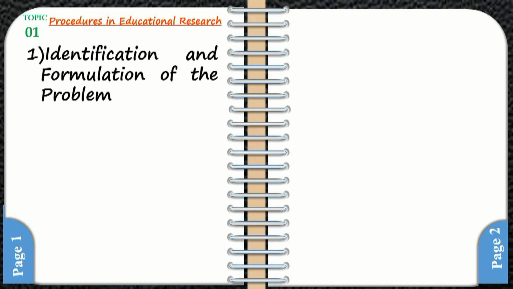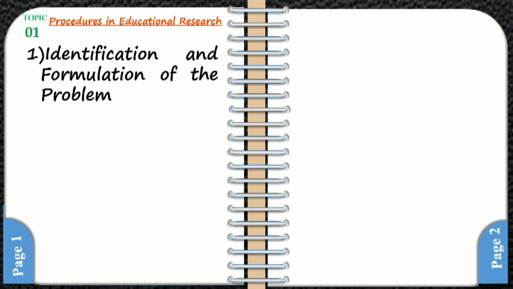Or a theorized puzzle, for example, how does growth mindset influence resilience in mathematics? The researcher refines this broad area into a specific, focused, and researchable problem statement. This step is foundational, as a poorly defined problem leads to ambiguous and ineffective research.